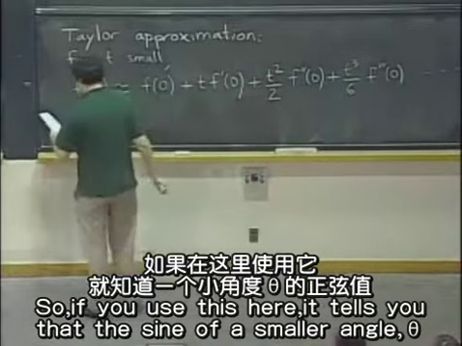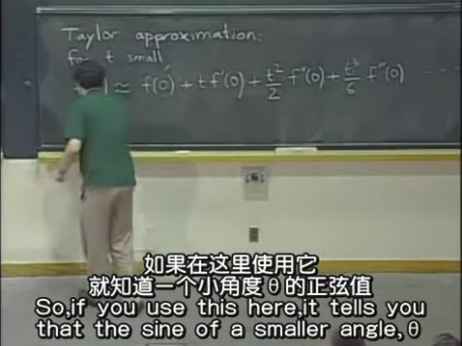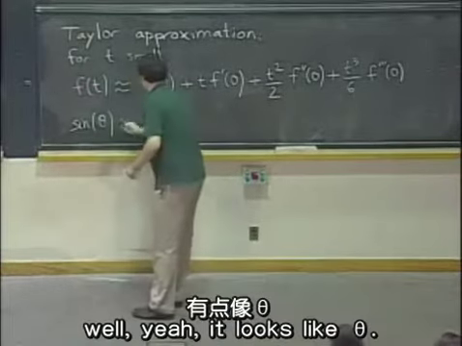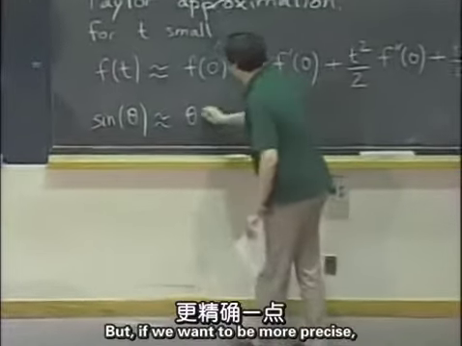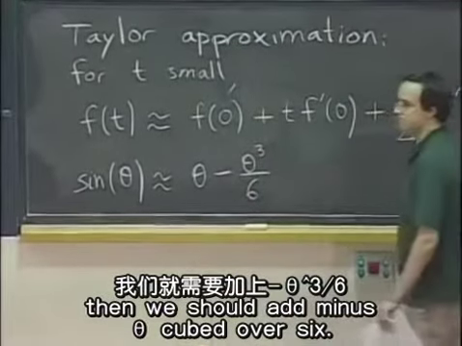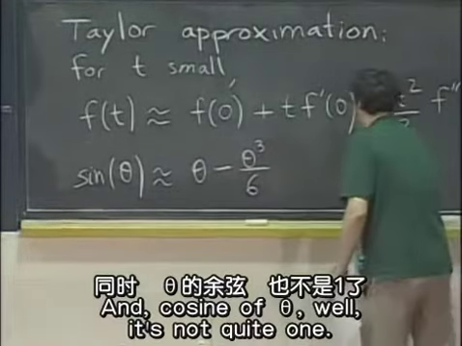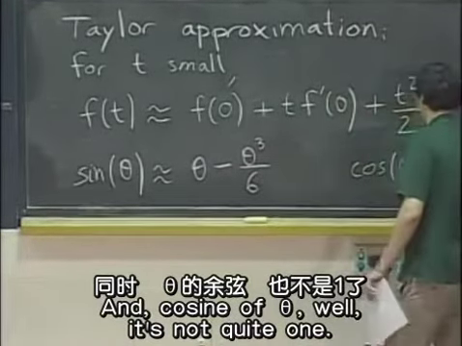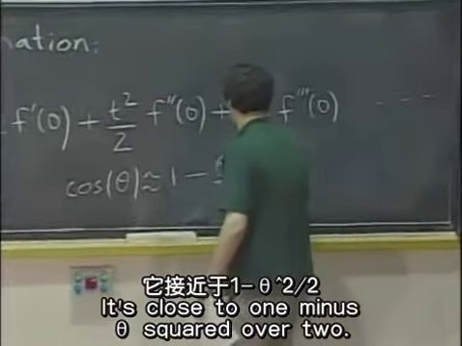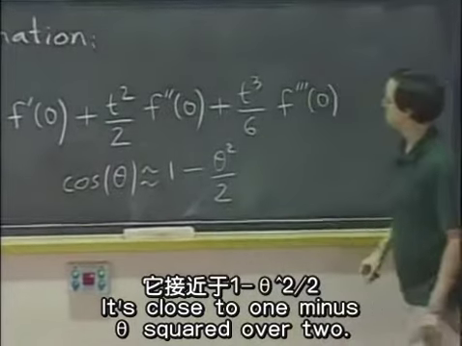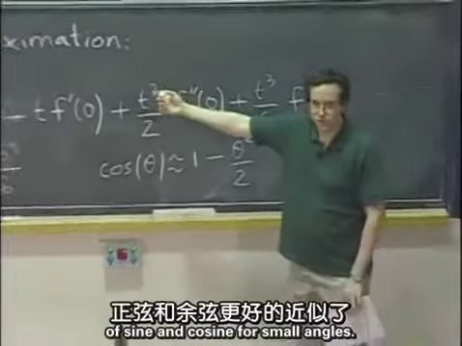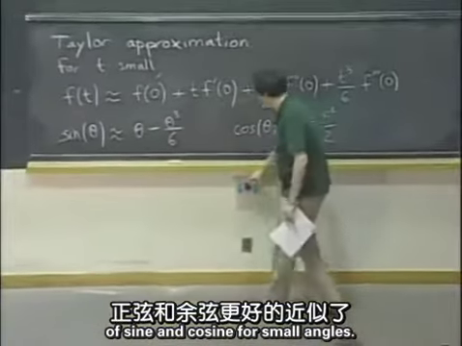So if you use this here, it tells you that sine of a small angle theta looks like theta, but if we want to be more precise, we should add minus theta cubed over 6. And cosine of theta is not quite 1, it's close to 1 minus theta squared over 2. These are slightly better approximations of sine and cosine for small angles.